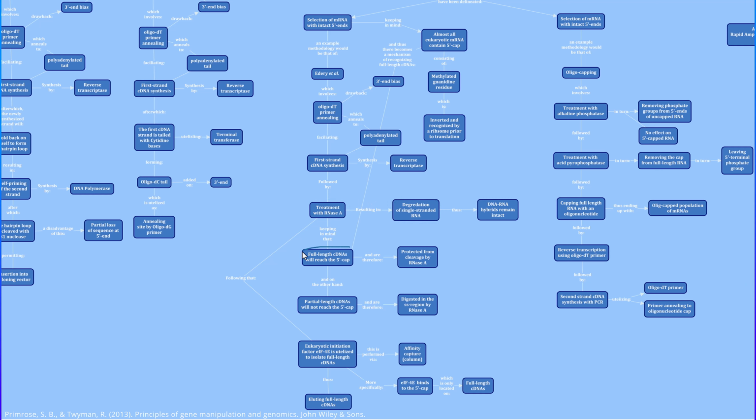Now, the full-length cDNAs, as I said, will reach the 5' end cap and are therefore protected from cleavage by RNase A. On the other hand, the partial-length cDNAs will not reach the 5' end cap and are therefore digested in the single-stranded region by RNase A. Following treatment with RNase A, the eukaryotic initiation factor 4E is utilized to isolate full-length cDNAs, and this is performed via affinity capture or column chromatography, and thus eluting the full-length cDNA.